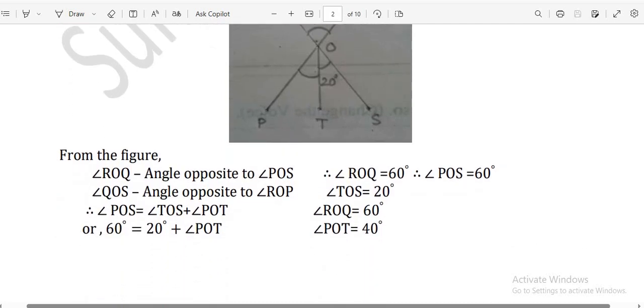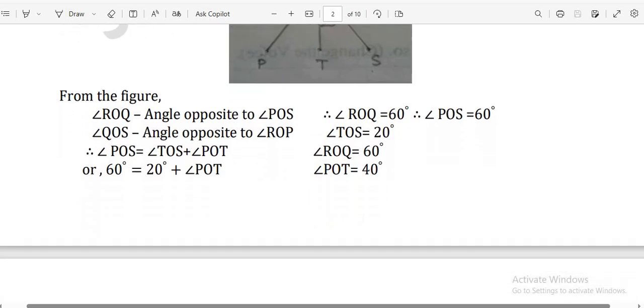We know angle POS is equal to angle TOS plus angle POT. Therefore 60 degrees is equal to 20 degrees plus angle POT.